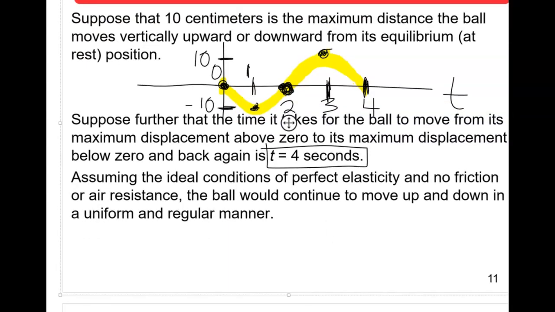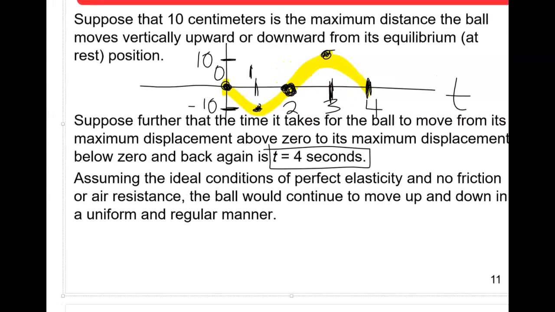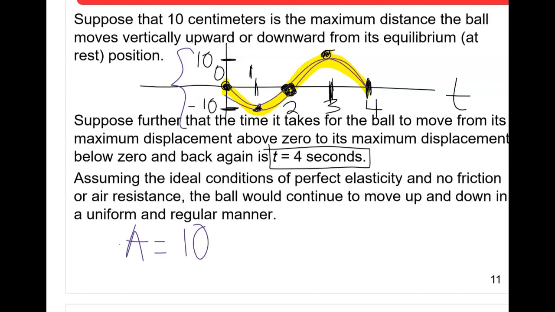Another thing we could say, relating this to amplitude, is that the amplitude is going to be the distance between -10 and 10, which is 20, divided by 2. So the amplitude is 10. And also we could see that the time it takes to complete one full cycle is 4 seconds, and so that is going to be the period.